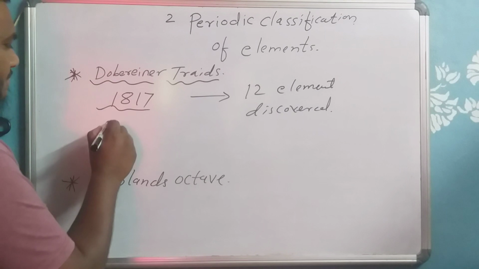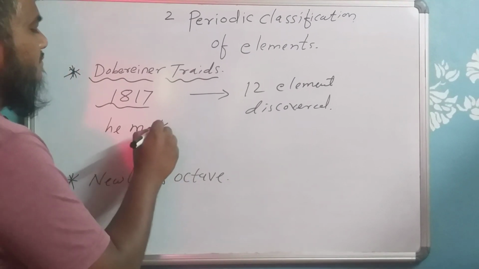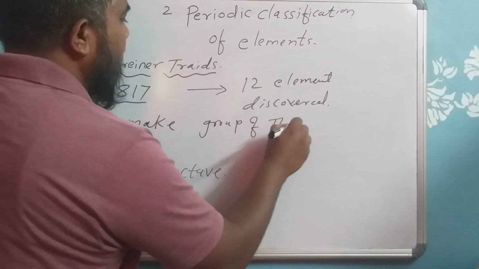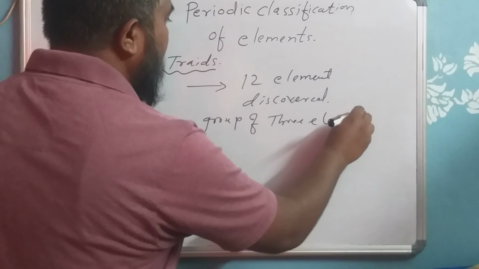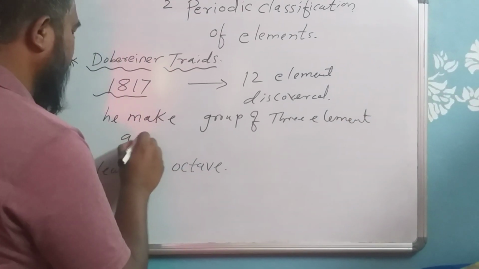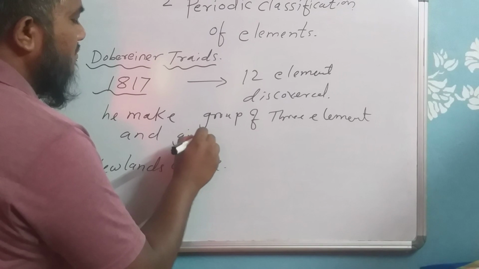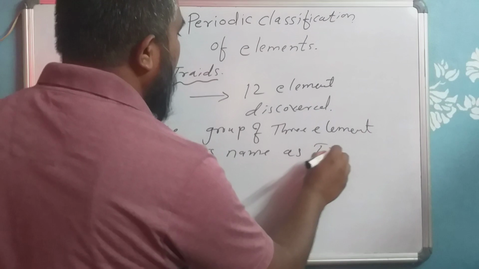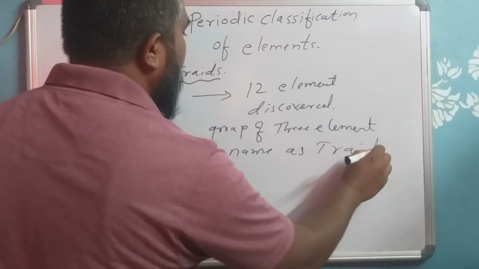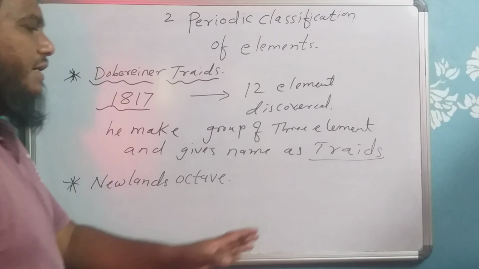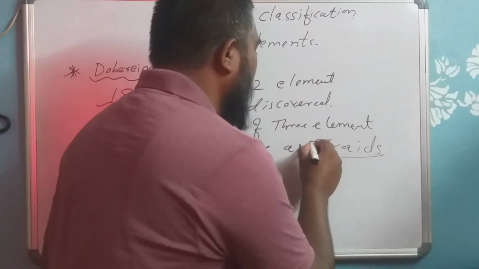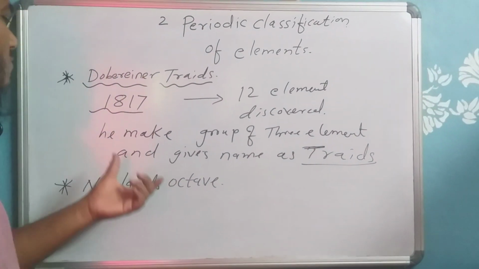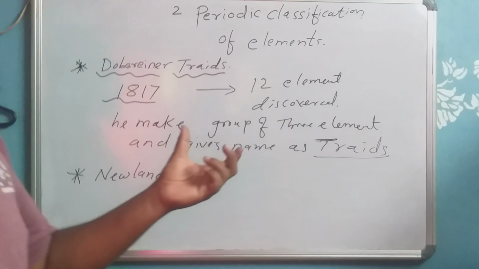Now he made groups of 3 elements and gave them the name triad. Triad, tried. In both ways we can pronounce it. A group of 3 elements is called a triad.